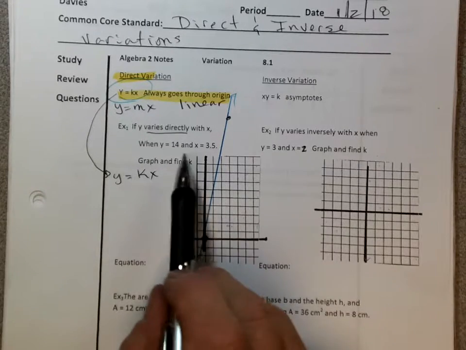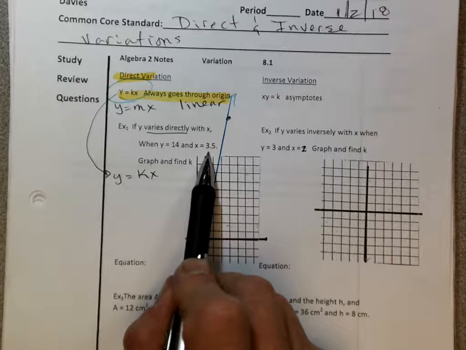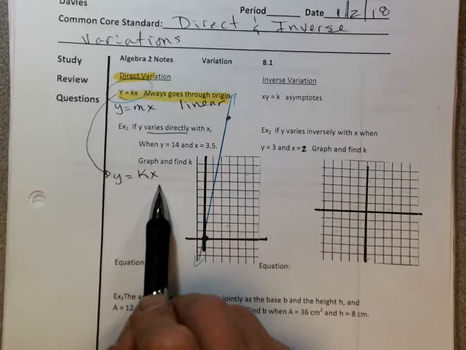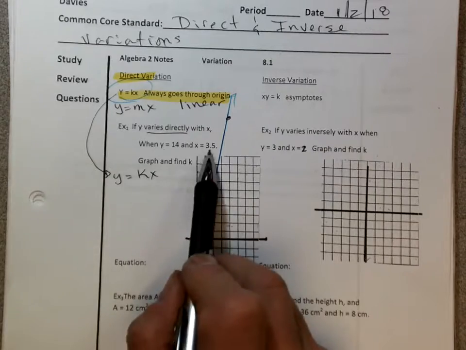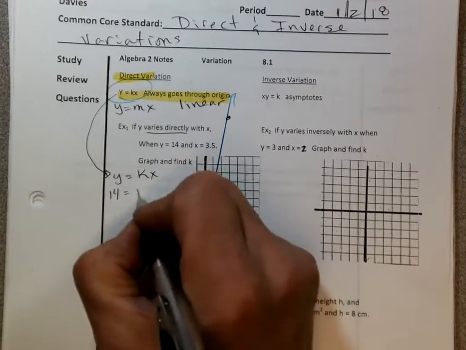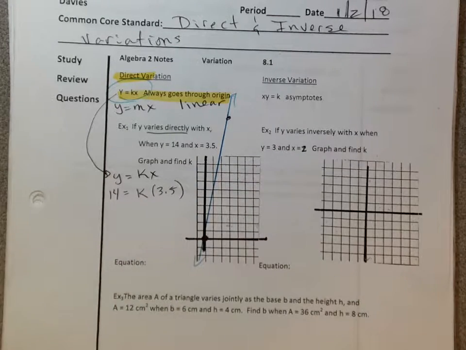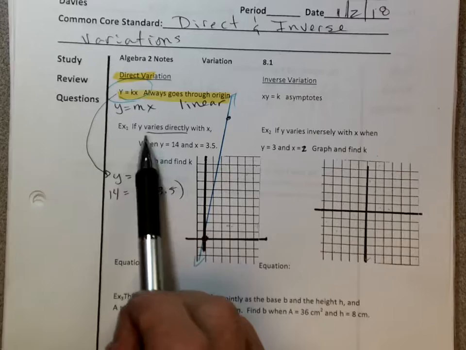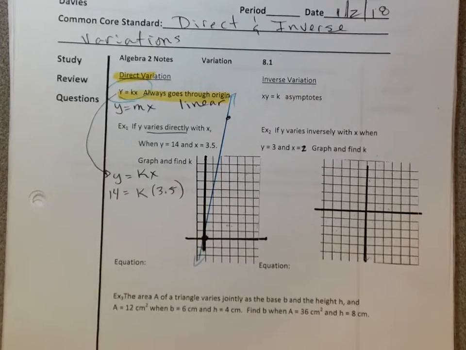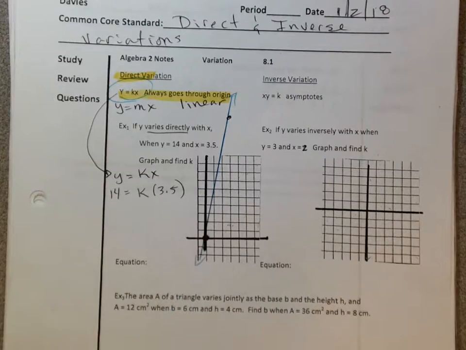I have a y value and I have an x value, don't I? Then I should be able to solve for k, which in a sense is the slope. The only thing I don't have is the k, but I can solve for it pretty easily.